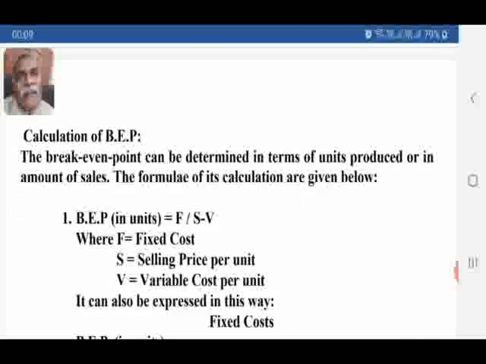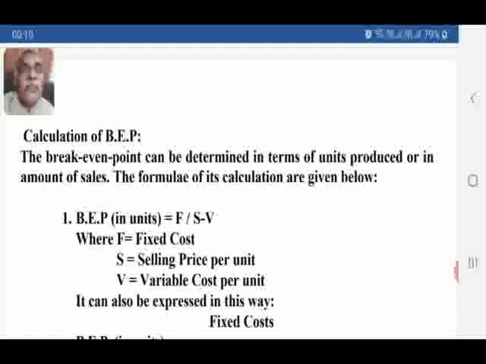Now, how you calculate break-even point, BEP? Break-even point we may calculate in terms of unit produced or in amount of sales. So break-even point we calculate in terms of unit as fixed cost over contribution.